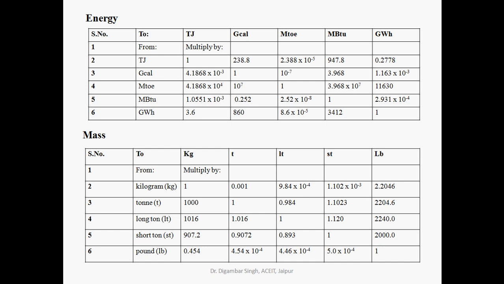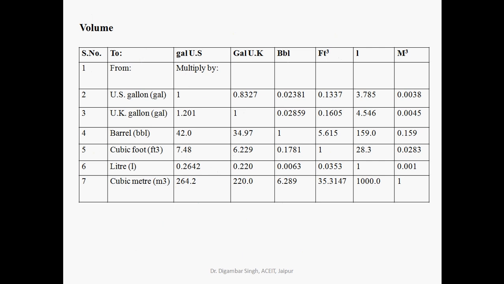Short ton, pound, long ton, tons, kilogram, these types are used in thermal basic fuels. And volume is also used in thermal basic fuels, like US gallon multiplied by 1, UK gallon multiplied by 1.201, barrel 42.0, cubic liter, cubic meter.